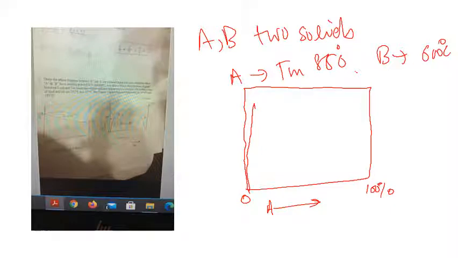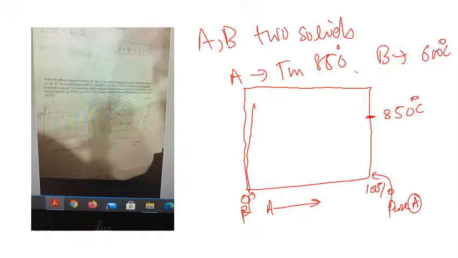Here is pure B and here is pure A. For A, 850, so I will mark a temperature of 850 degrees centigrade.